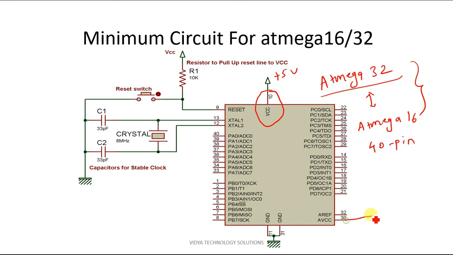Then there is an AVCC pin which should also go to plus 5 volt, and the clock circuit for an external crystal has to be connected in this fashion, where you connect a crystal between pin number 12 and 13 and two decoupling capacitors are connected with the crystal towards ground.